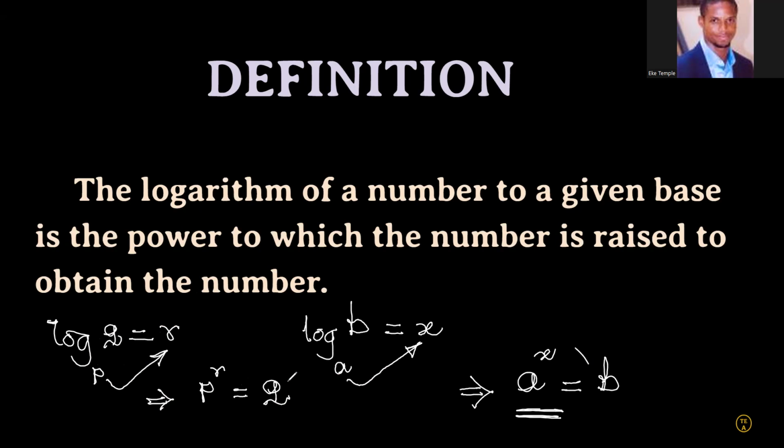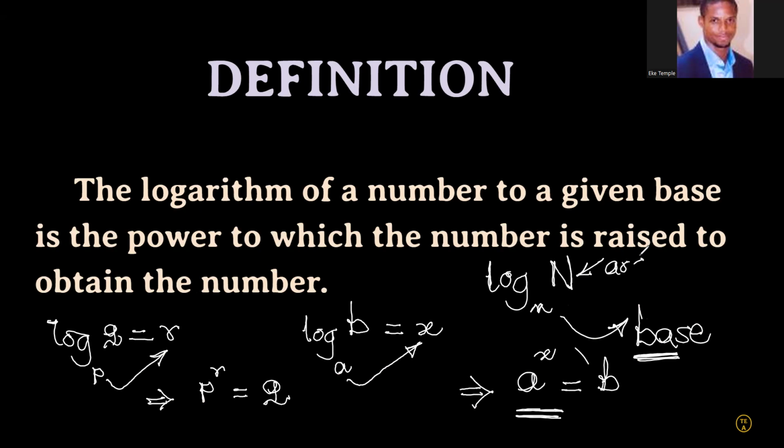Now, it is important for us at this stage to state clearly, if we have the logarithm to base m of a number n, we can classify the numbers m and n. The m represents the base of the logarithm. It is known as the base, and it can take different values. But the number n is known as the argument of the logarithm.